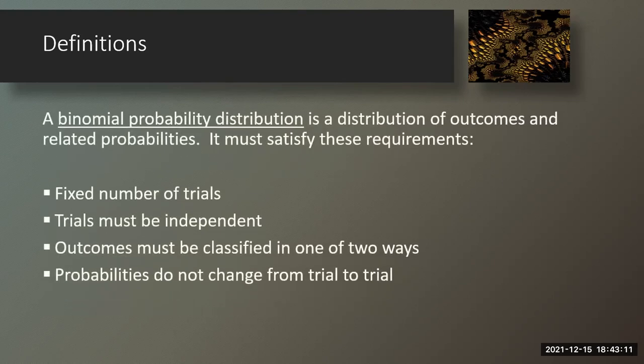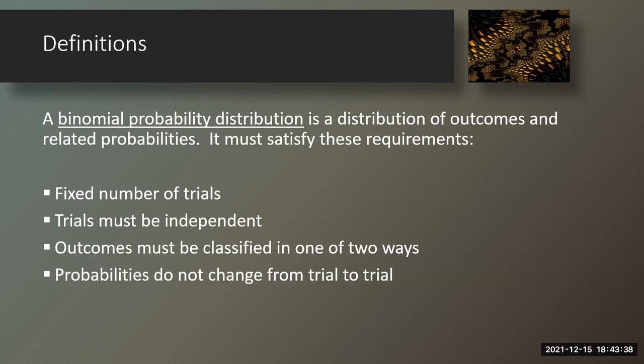Some definitions. Let's talk about a binomial probability distribution now. A binomial distribution is a distribution of outcomes and related probabilities. It's got to satisfy these requirements. And I really want to emphasize these requirements here. I don't believe I asked you directly about them on the exam, but they must be met for the calculator really to give you reliable results.